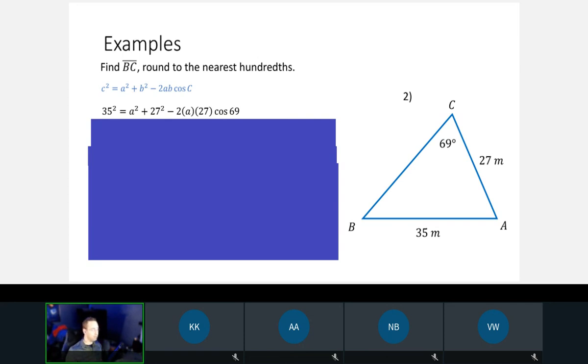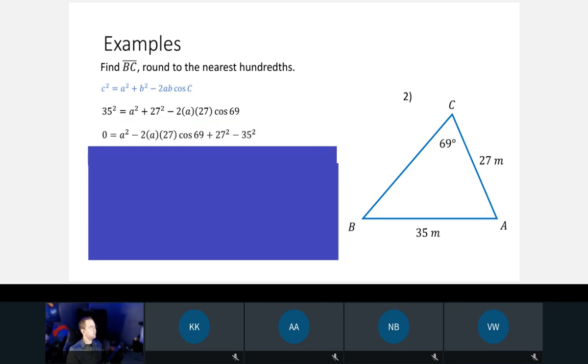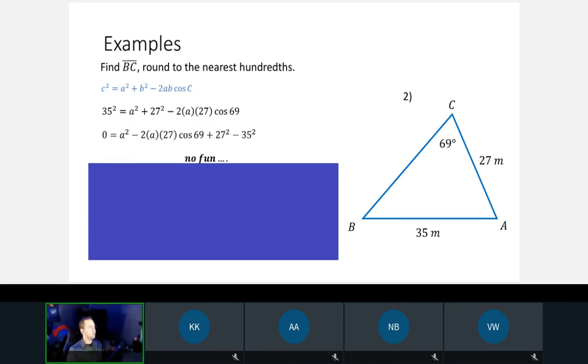The problem is we have a squared and a, and well, that's kind of bad, right? And Sarah, is this kind of where you got stuck? Right. So I guess you could consider this a major problem. We have a and we have a squared, and that's definitely no fun, right?